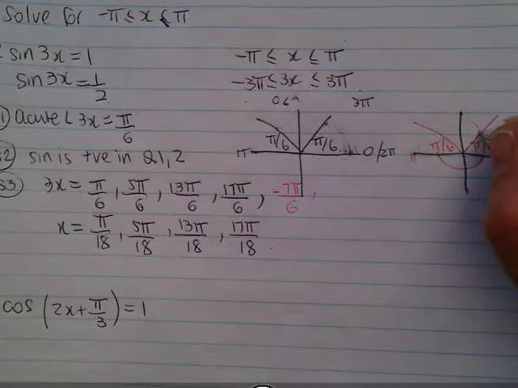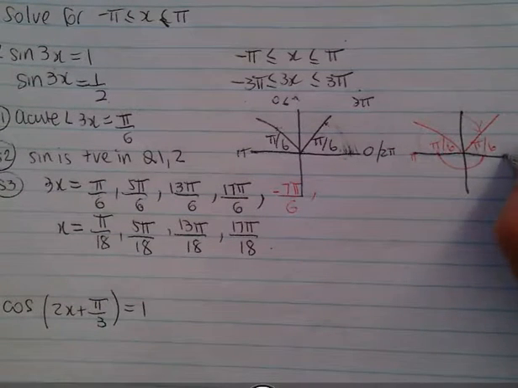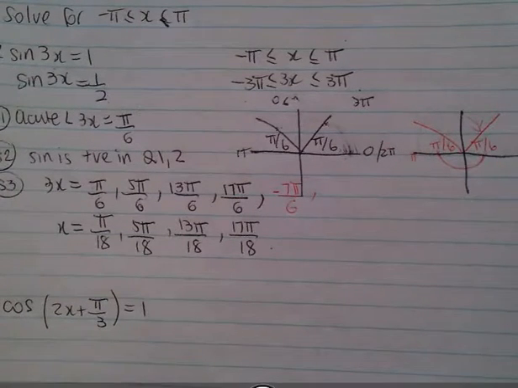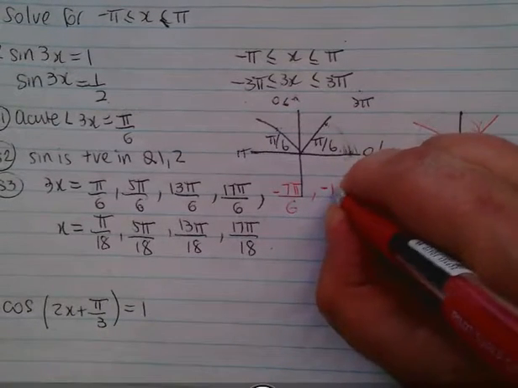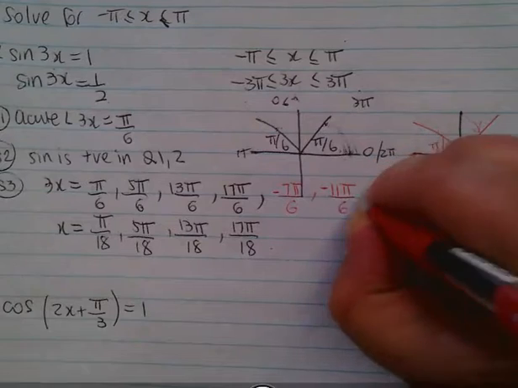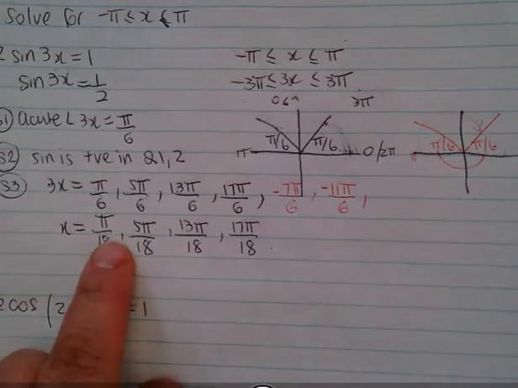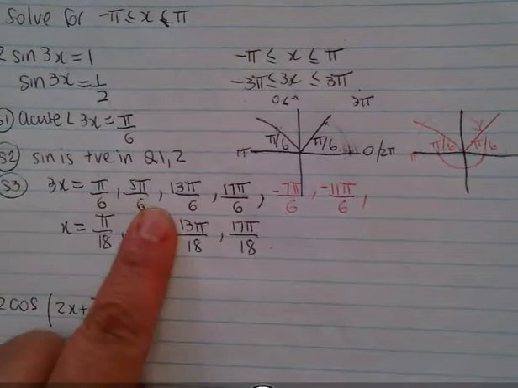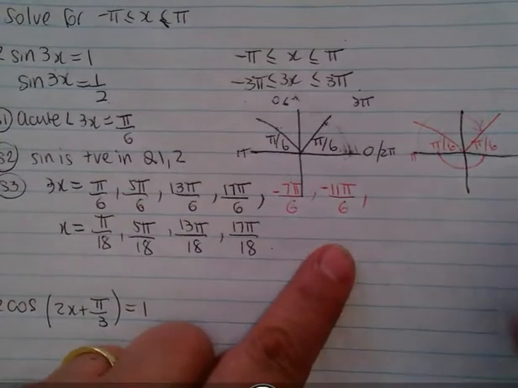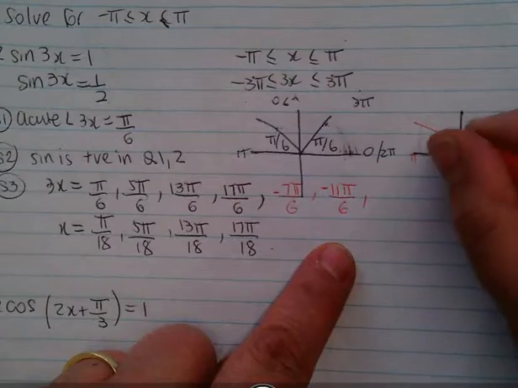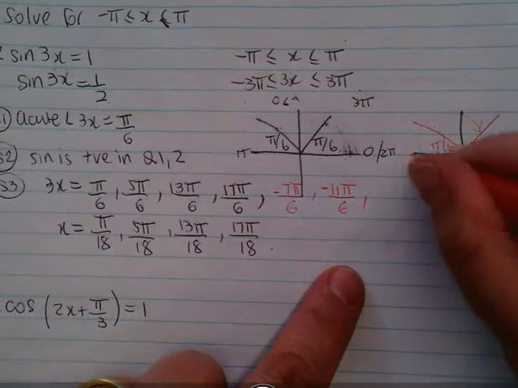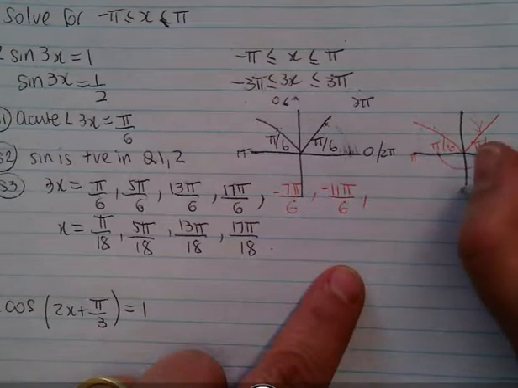This angle all the way around here is almost negative 2 pi plus 1/6, so it's negative 2 plus 1/6 is negative 1 5/6, which is negative 11 pi on 6, okay? So what you don't do is just put negatives on these, because you've got to get around to the third quadrant. Well, it's actually quadrant 2, but it's the third quadrant that you're getting to, so that's the first, second, third.